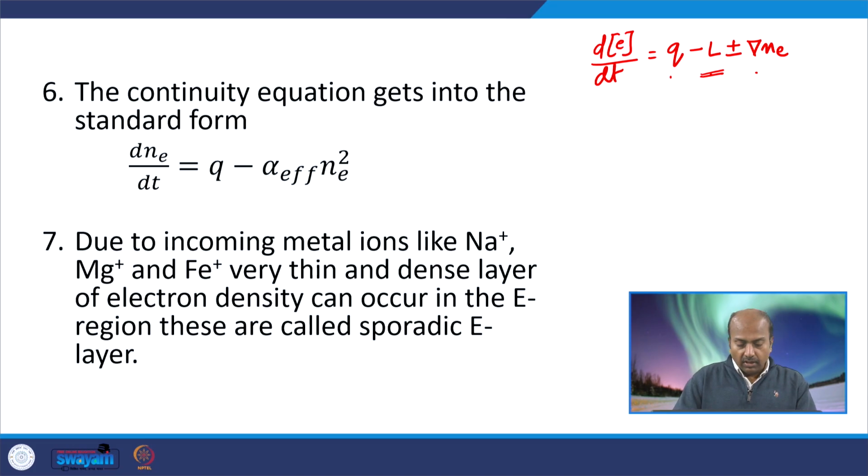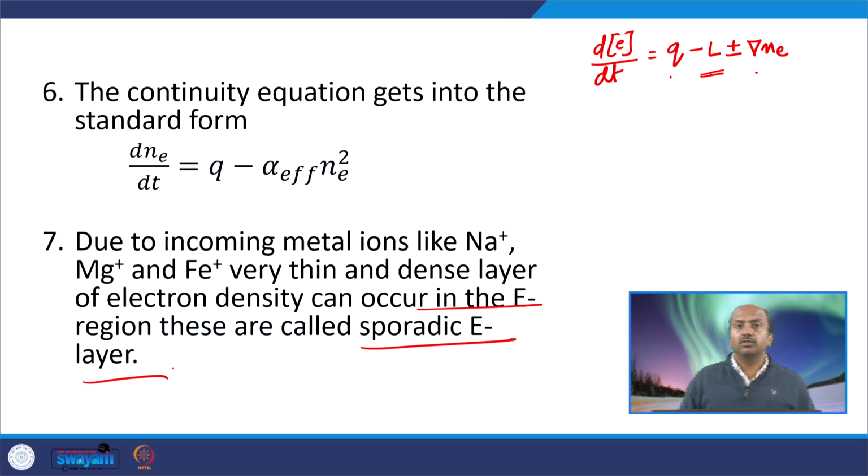So, it will produce Na+ ions, Mg+, all these metallic ions will be produced in the E region because that is where the ablation is happening. Because of these ions, a very dense layer of electron density can occur in the E region, and this is called the sporadic E layer.